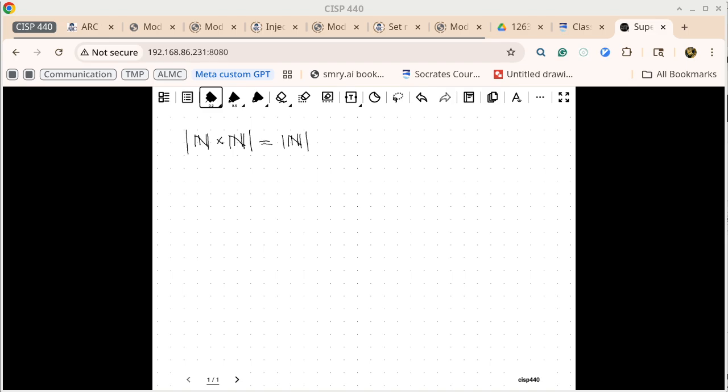So we want to ask, is that equal? Does the cardinality of natural numbers Cartesian product with natural numbers equal the cardinality of just natural numbers? You look at this and go, that is kind of interesting, right?